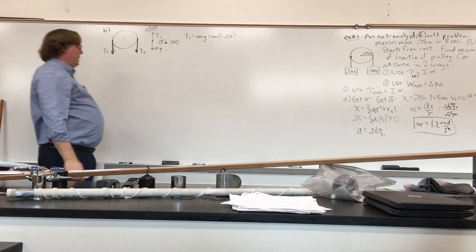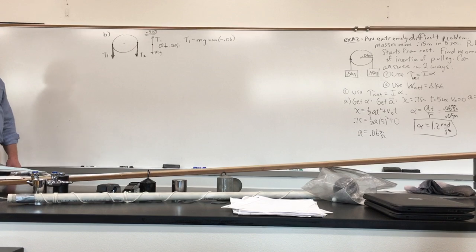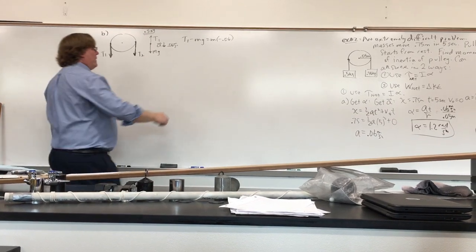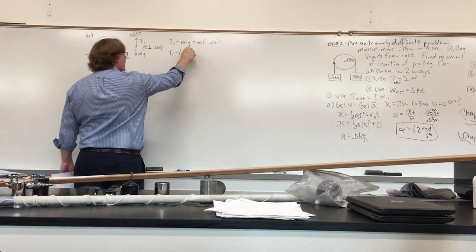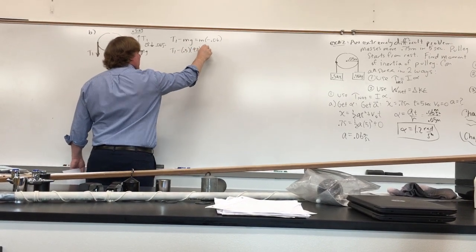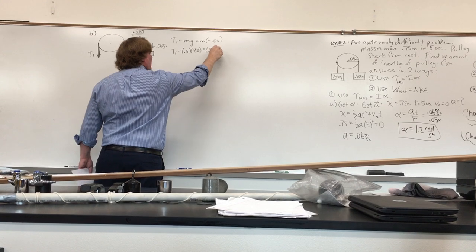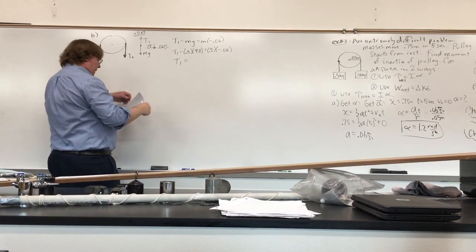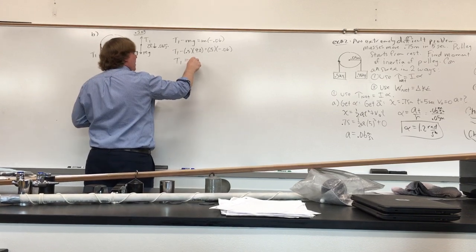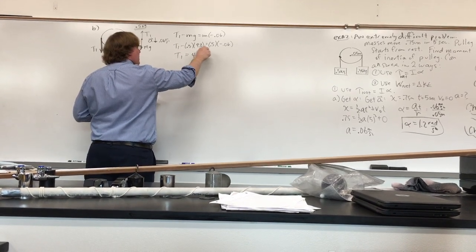I put negative because the 0.5 is accelerating downward. So I got T1 minus 0.5 times 9.8 equals 0.5 times negative 0.06. And so I get T1 equal to, and just believe me, 4.87 newtons.